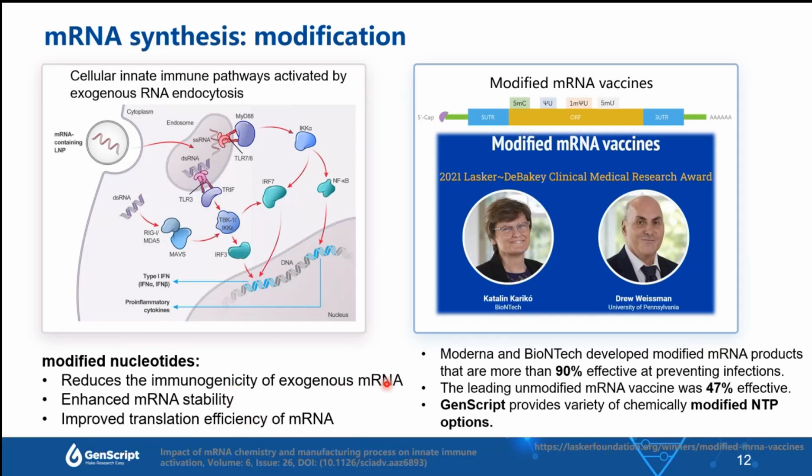Moderna and BioNTech developed modified mRNA products that are more than 90% effective at preventing infections. And the leading unmodified mRNA vaccine was 47% effective. And we will show you later that GenScript provides a variety of chemically modified NTP options.